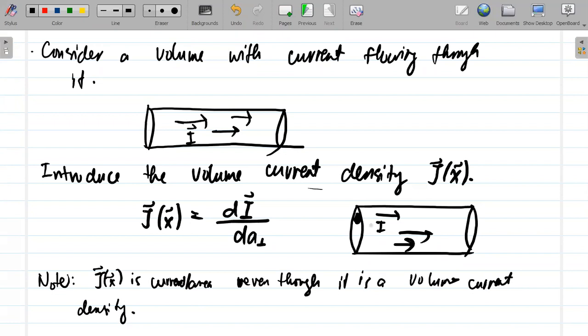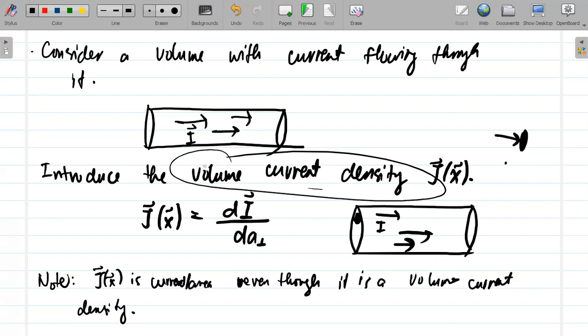Na-imagine nyo ba class, itong small area, yan na yung pinakamaliit na pwedeng puntahan ng current. Kasi kung meron tayong point, hindi mo ma-define yung current doon. You need at least a small space na katulad nito para may current na pumasok sa kanya. And actually, that is the volume current density. Even though nagdi-divide ka lang ng surface area, siya na yung volume current density natin.